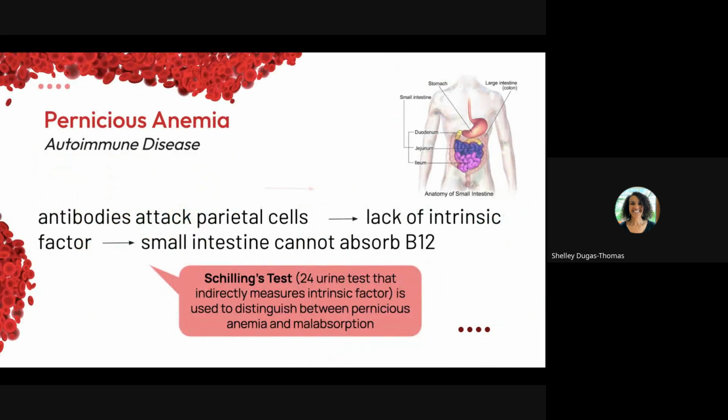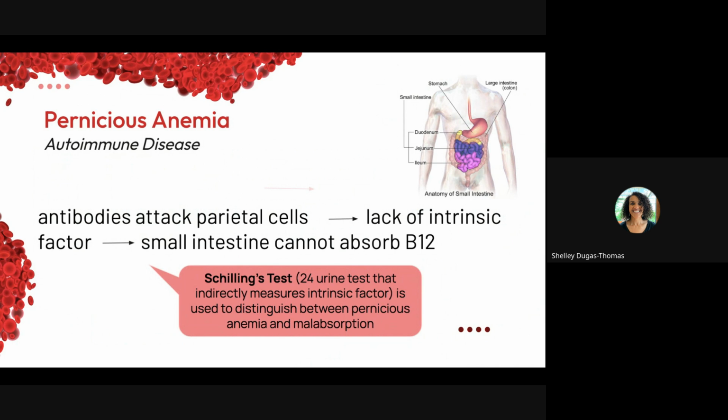So, pernicious anemia is caused by a lack of intrinsic factor. Although pernicious anemia is often inaccurately used as a synonym for vitamin B12 deficiency, it actually is different.